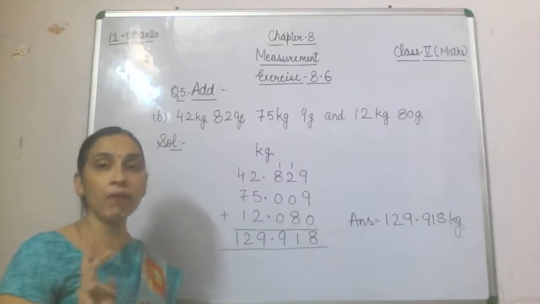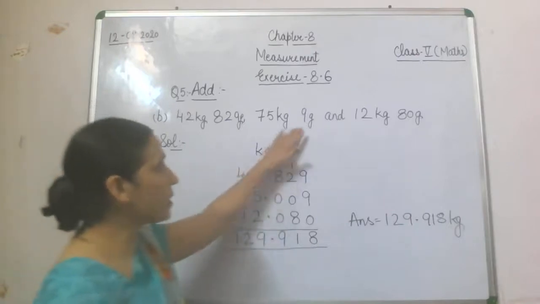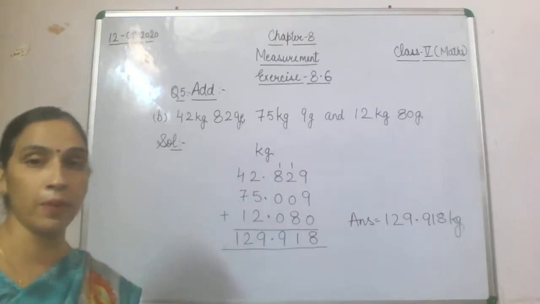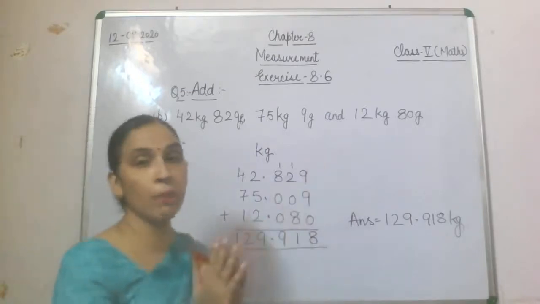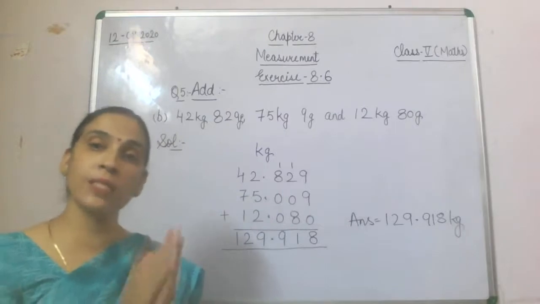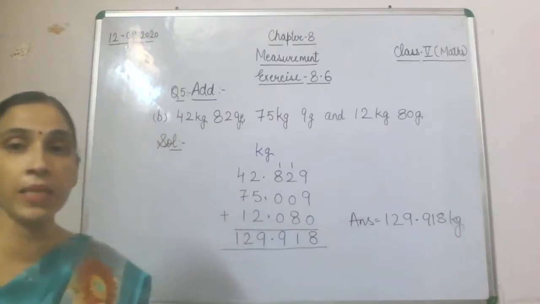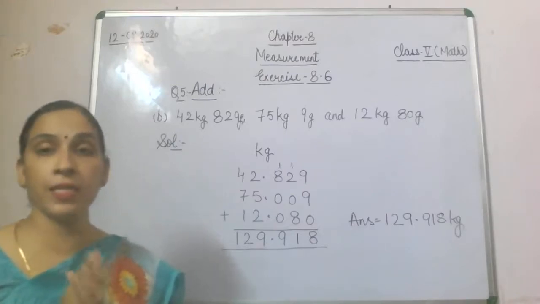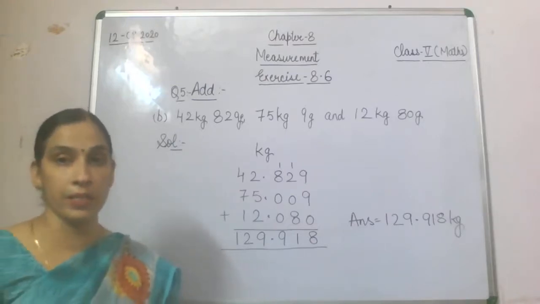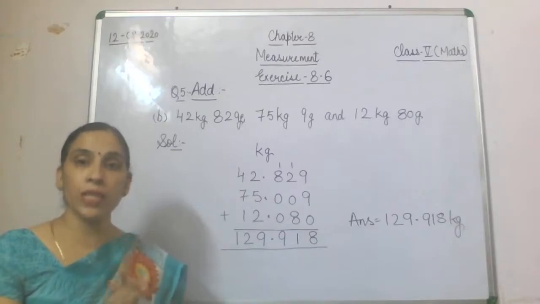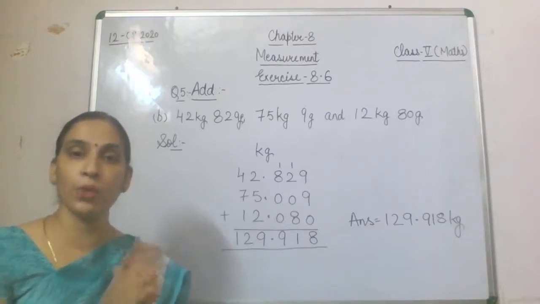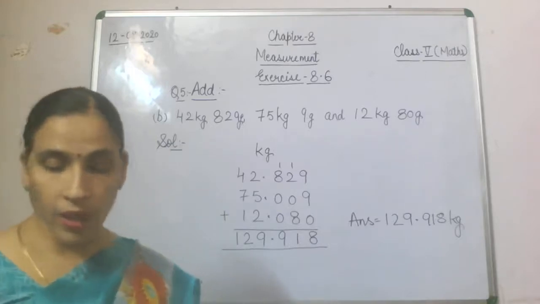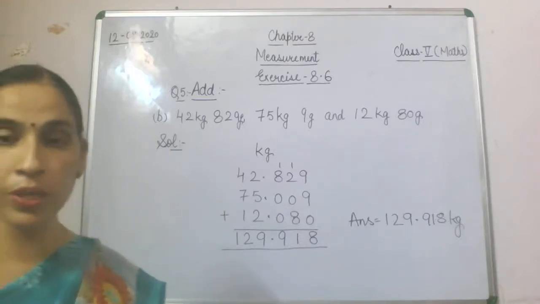If you have 1 place, then you are going to put 2 zeros before that number. And if you have 2 numbers, then you are going to put 1 zero before that number. The summary is that after decimal you require 3 places, so that you can change that particular gram into kg. Now we have completed our addition question.